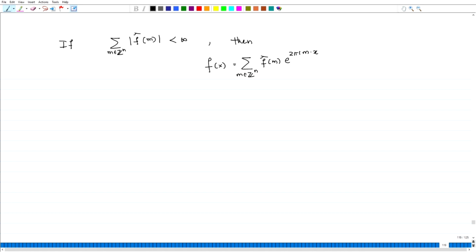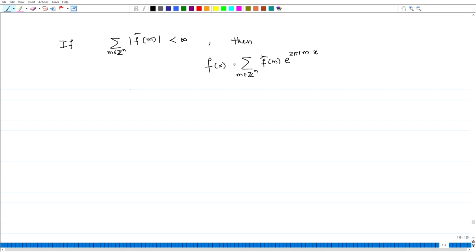Therefore, as an application of the Fourier theorem, this is what we will get, and this is the inversion formula for us if the summation of mod of f hat of n is finite. If it is summable, then this happens.